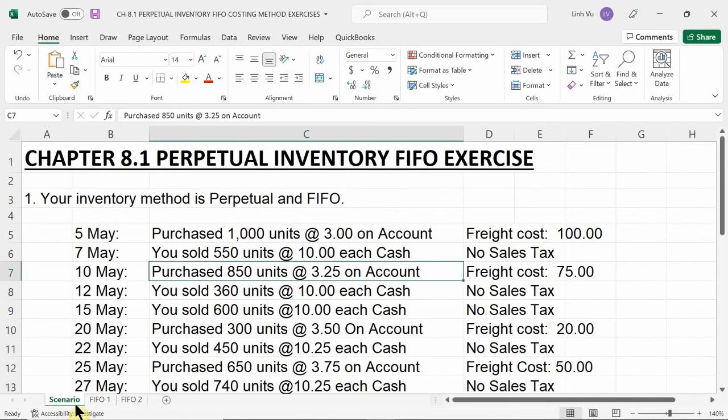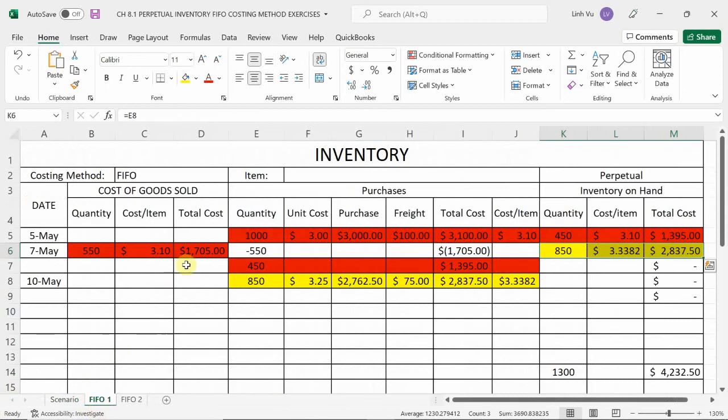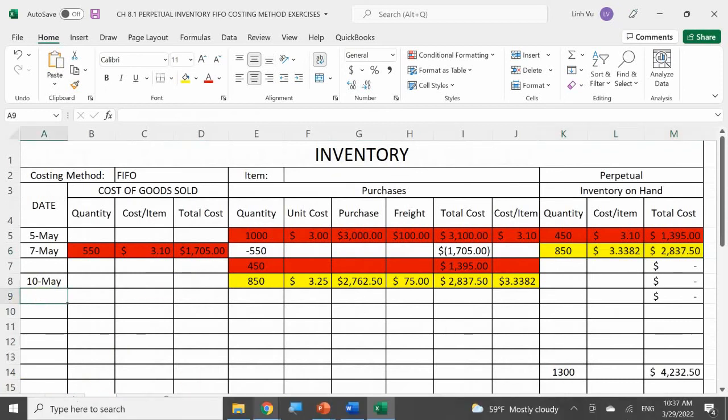May 12th rolls around, and you end up selling 360 units for $10 each. So 360 units is my next one. Therefore, it is May 12th, and we sold 360 units.